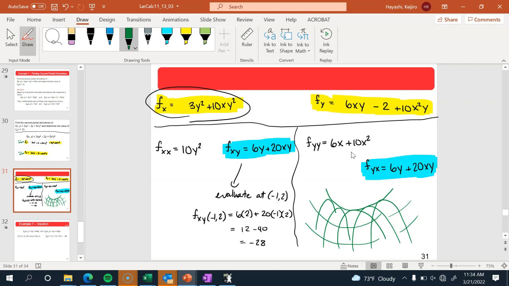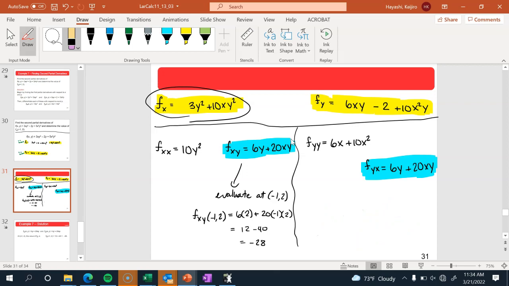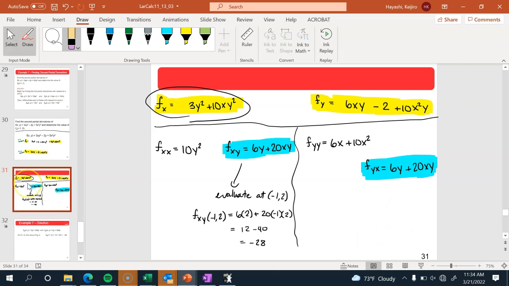We'll see some examples of those later. This isn't the actual picture of the function itself, but it's part of the motivation for why we'd want to know this stuff.